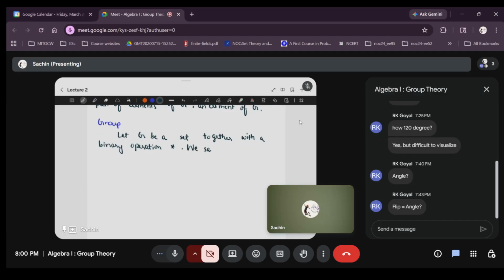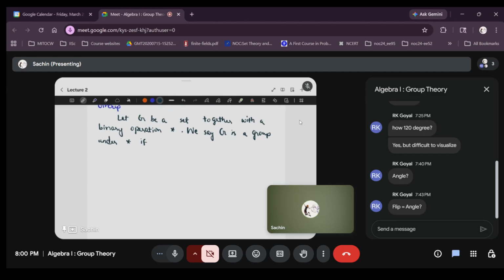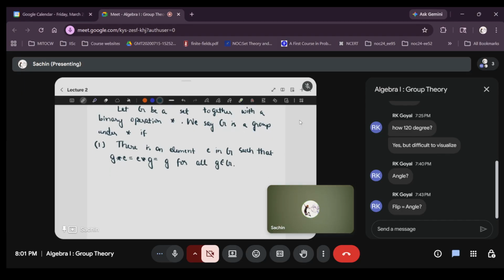Then we say G is a group under star if the first thing is there is an element e in capital G such that g star e is equal to e star g is equal to g for all elements g in capital G. So this means that there is an identity element.